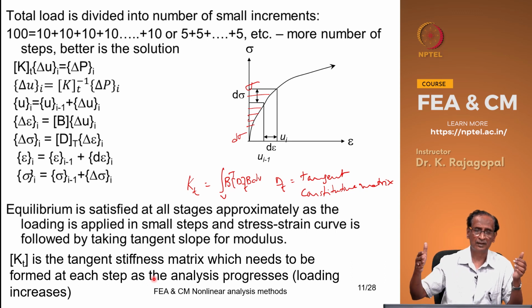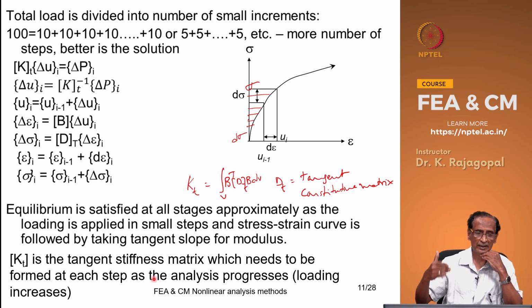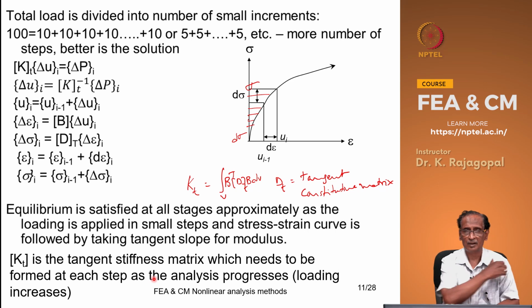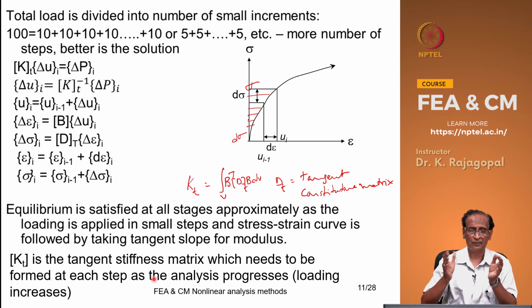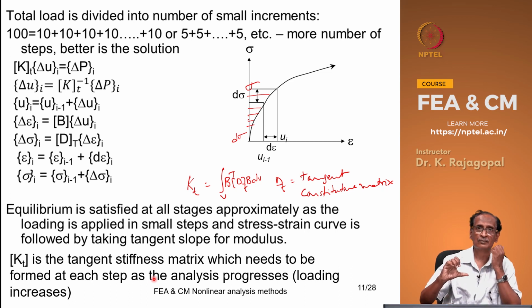As the loading is increased, your Kt we need to determine again. Okay. So, let us say you want to apply a pressure of 100 kPa in small steps of 1 kPa. So, that means that you have to apply this 100 times. So, you have to perform this analysis 100 times.